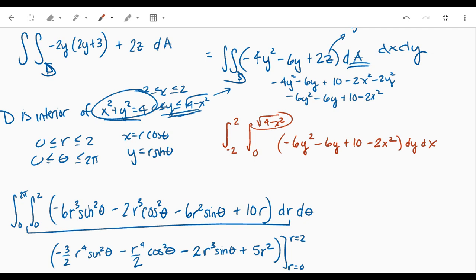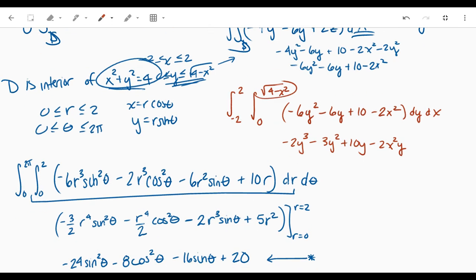I definitely don't want to get too far with this, but we'd have -6y cubed over 3 minus 6y squared over 2 plus 10y minus 2x squared y, from y equals 0 to y equals the square root of 4 minus x squared.